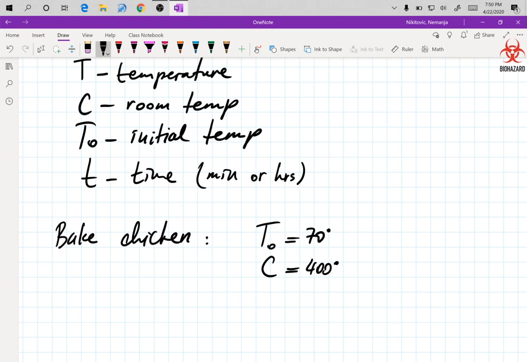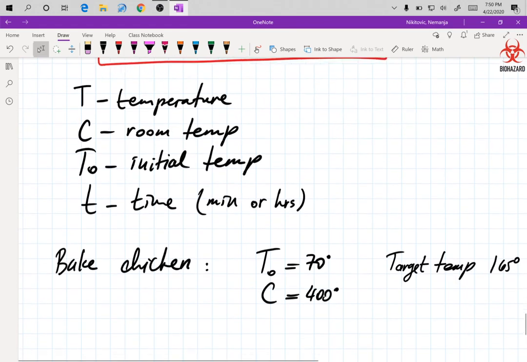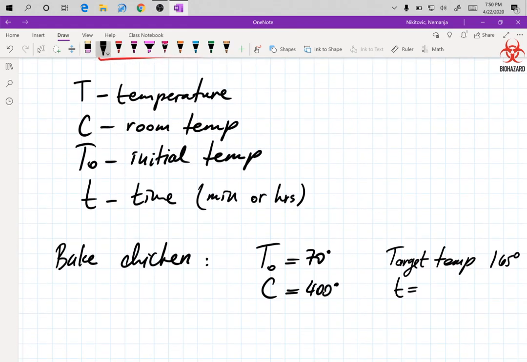We are going to look for the target temperature of 165 degrees, because that's when the chicken is thoroughly cooked. You don't want to go below that because of salmonella and other stuff that ancient people didn't know about. We're going to do time in minutes. We can also do it in hours, but time in minutes is just fine.